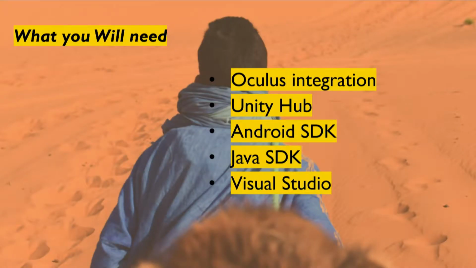So this is going to be a really basic tutorial. It is meant for people that maybe heard about Unity but didn't have the chance to try it before. I'm not going into complicated things.